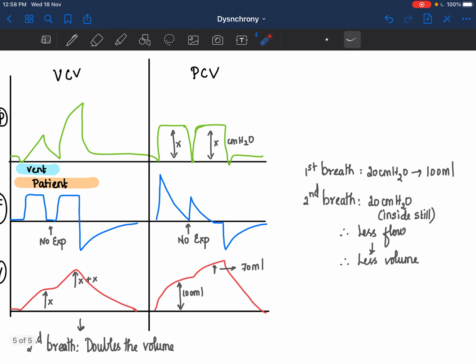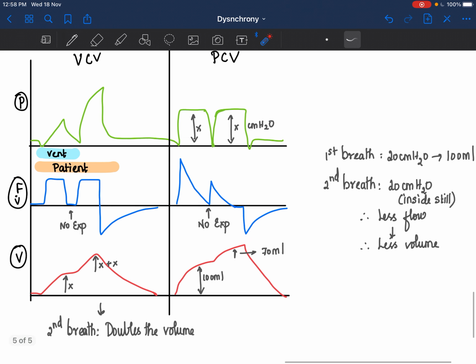Second breath again the patient was delivered 20 centimeter of water, but the volume or flow that can go inside for that much pressure will be less, because it is already filled with X amount of ml. So in the second breath, even though the patient is receiving the same amount of pressure, due to the already pre-existing 20 centimeter inside, the patient will not receive that much flow or volume; it will be less, even with the second breath.